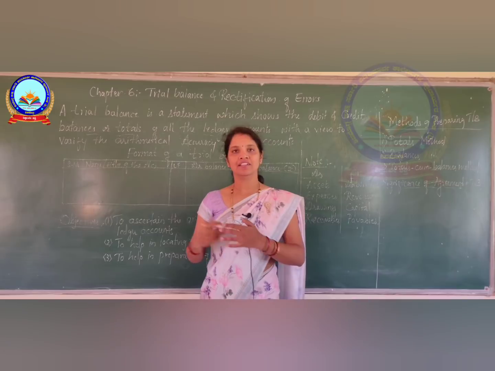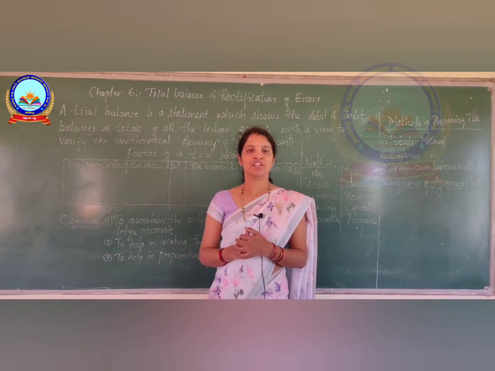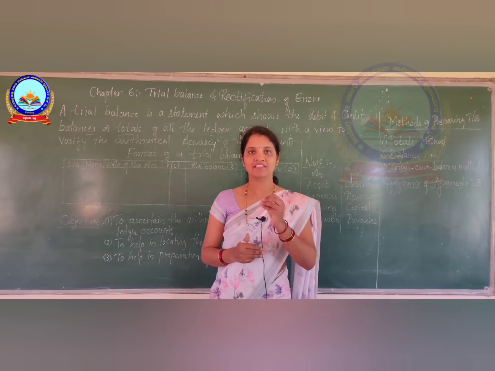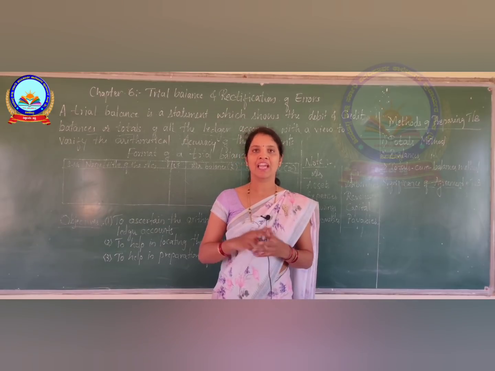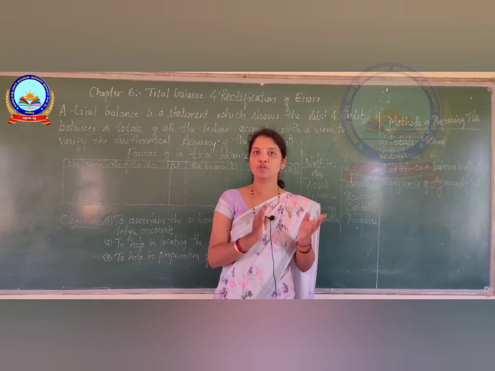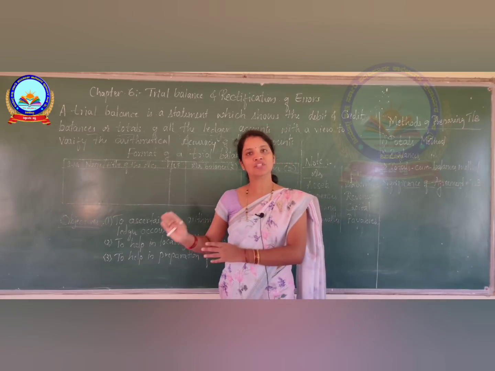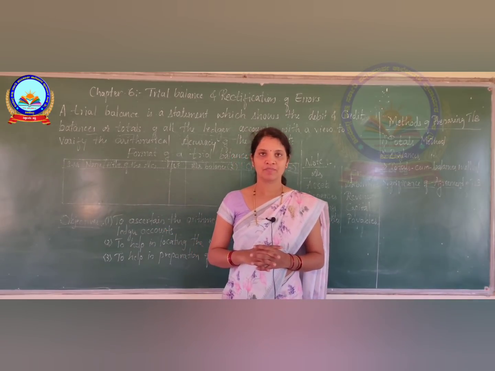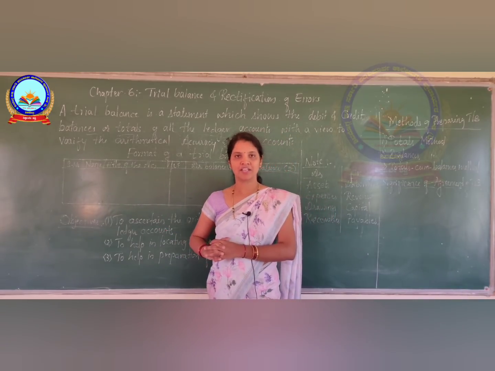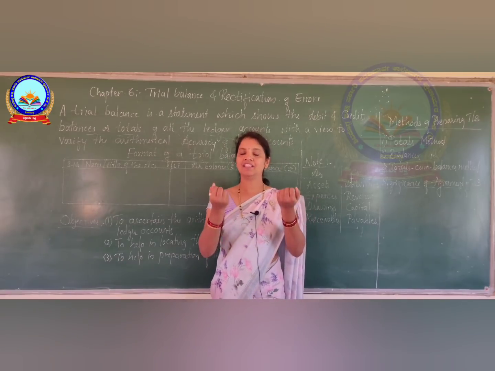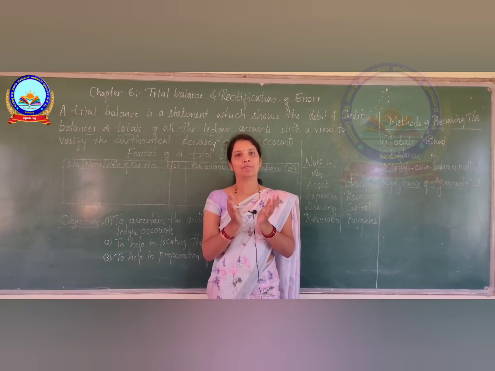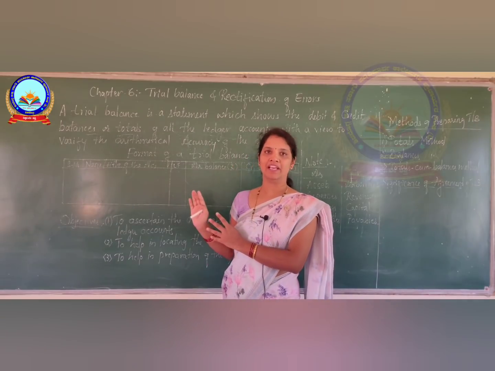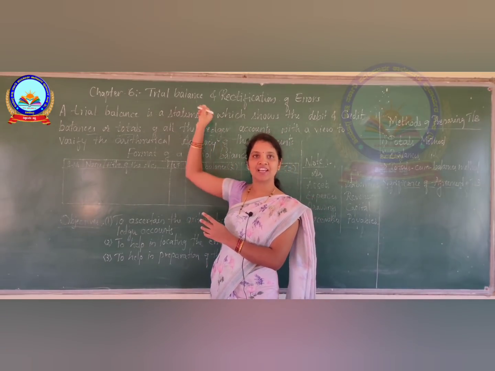So in accounting, this is the next step. In the first step, we learned how to record the transactions in the journal or in the subsidiary books. In the next step, we learned how to post the entries from the journal to the respective accounts in the ledger. And this is the third step, where we take all the balances from the ledger accounts and place them in one place, which is called the trial balance.